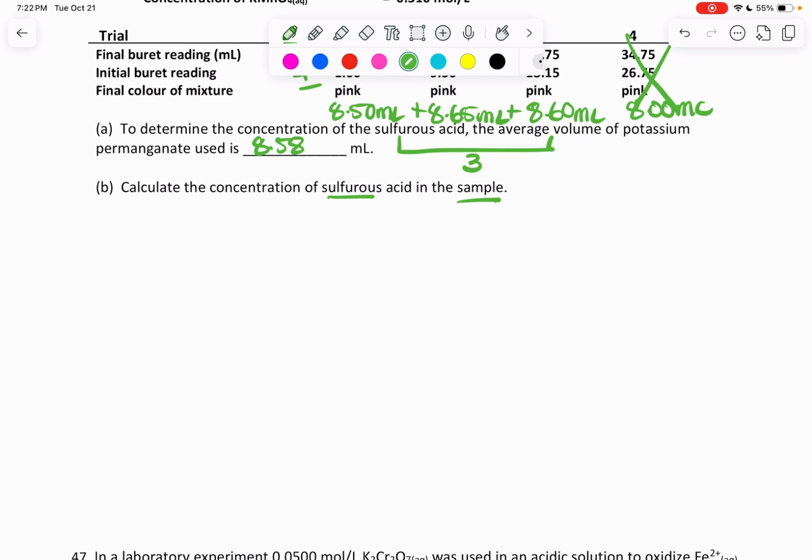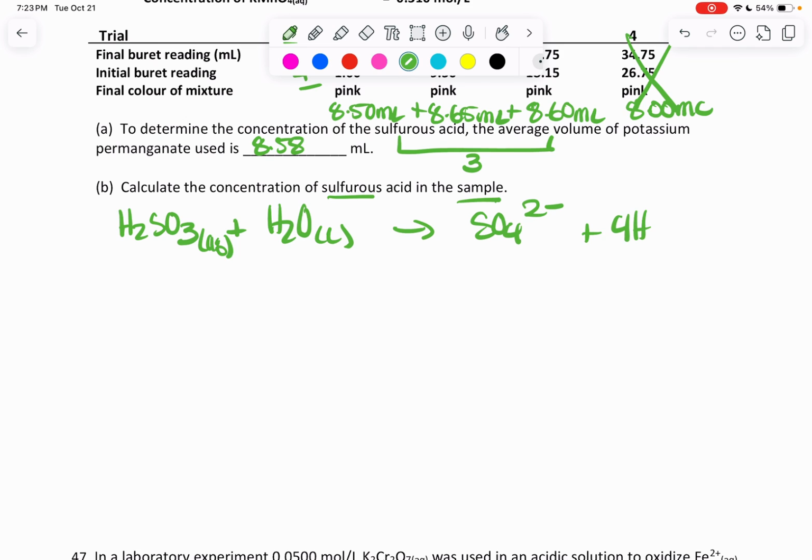So we take the half reaction H2SO3, which is sulfurous acid, plus water, H2O liquid, gives us SO4²⁻ plus 4H⁺ plus 2 electrons. And so you can find that on your data table.